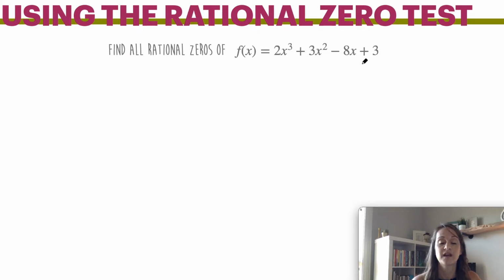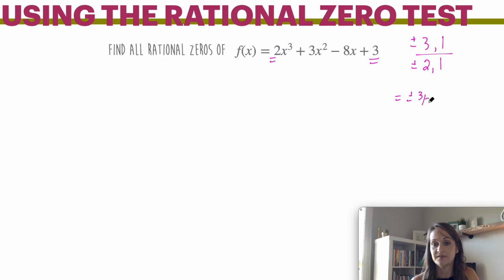First, we need to find all the possible zeros. So we know it could be plus or minus the factors of 3, which are 3 and 1, divided by all of the factors of 2, which are 2 and 1. Which means it could be plus or minus 3/2, plus or minus 3, plus or minus 1/2, or plus or minus 1.